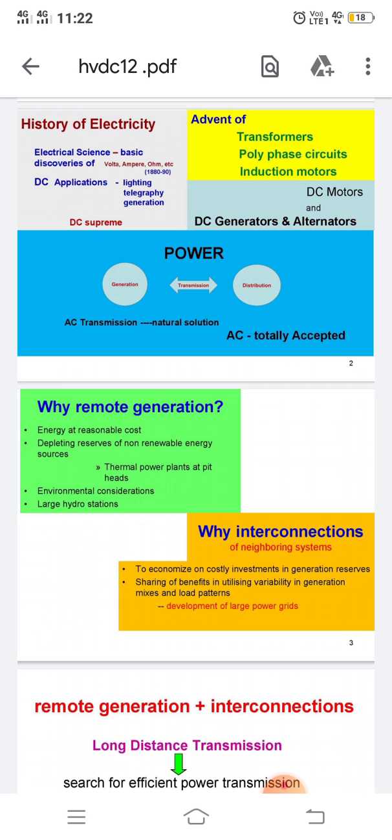HVDC transmission made a modest beginning in 1954, when a 100-kilometer HVDC transmission line of 100 kilovolt, 200 megawatt DC link was established between the Swedish mainland and the island of Gotland.